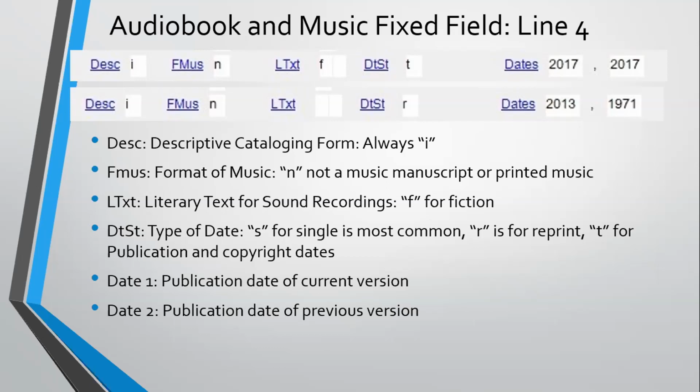If you need to use Date 1 and 2, you're going to have the first date for the publication date, second date for copyright date if you're using the date type T. Or R for reprint, you'll have the most recent date first, and then the earlier date second.